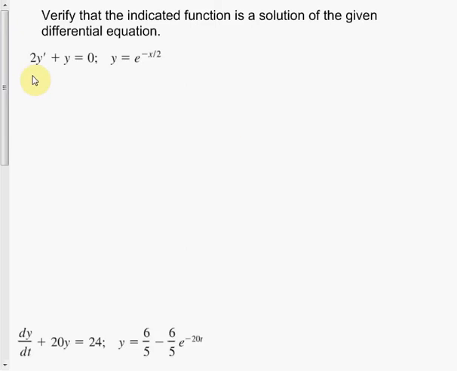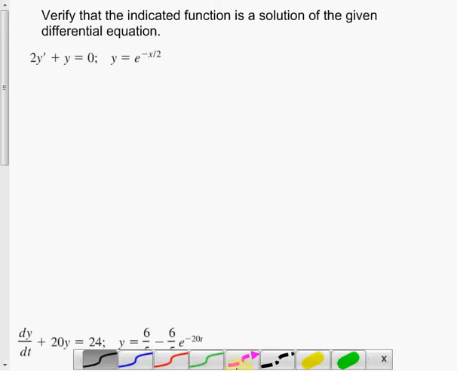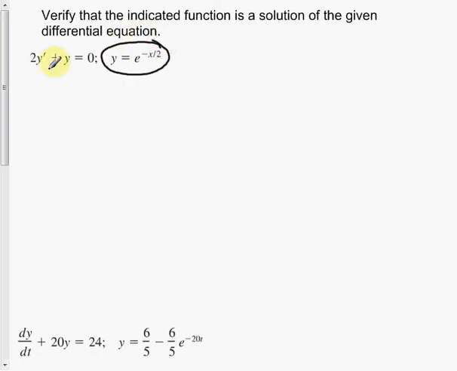Again, we said before that a differential equation is any equation with a derivative or a differential in it. So we take this problem and assuming here that what they give us is the solution, can we verify? Well, if y is equal to this, this implies that y prime is equal to negative 1/2 times e to the negative x over 2. So we plug that in for y prime.